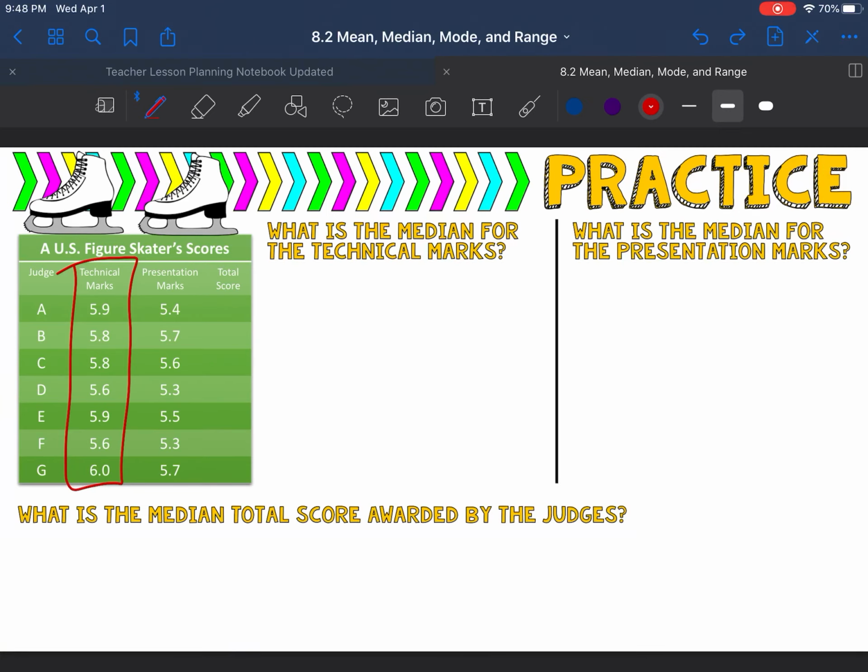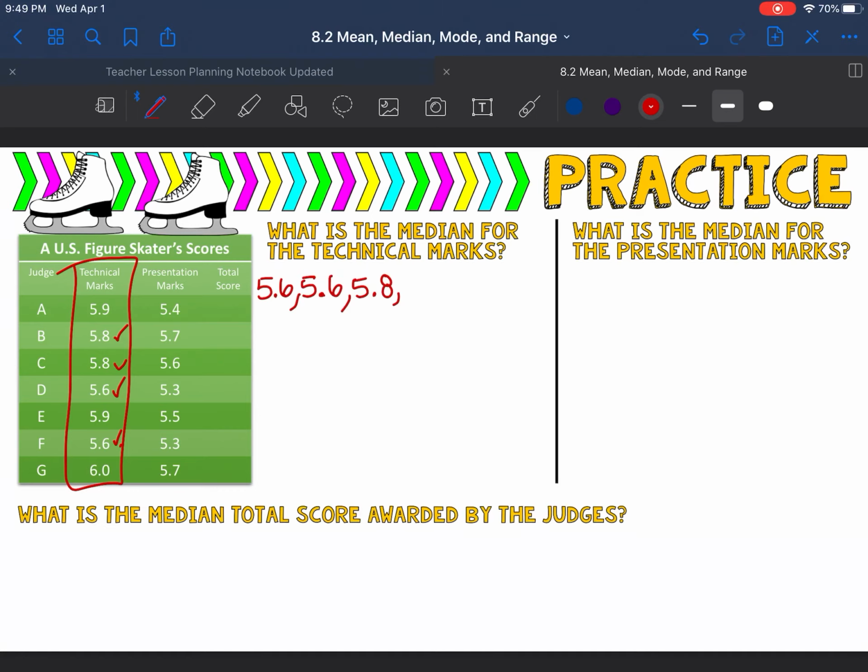9, 8, 8. Smaller. 6 is the smallest so far. 9 is bigger than 6. 6 is the smallest. So that means I have 5.6 first. Where's 5.6 there? Do I have any more 5.6s? I do. Okay, now do I have any 5.7s? Go fish. Any 5.8s? I do right there.